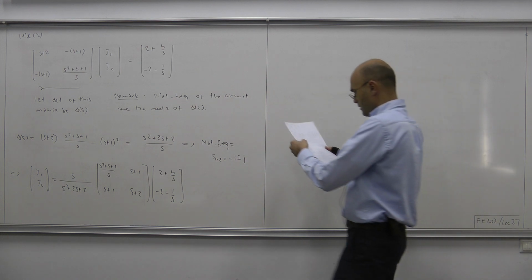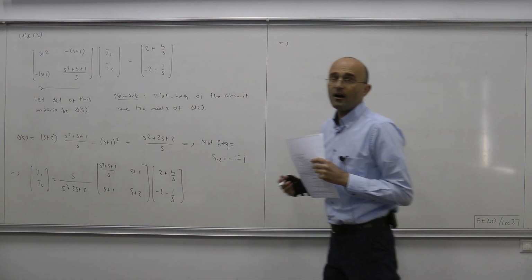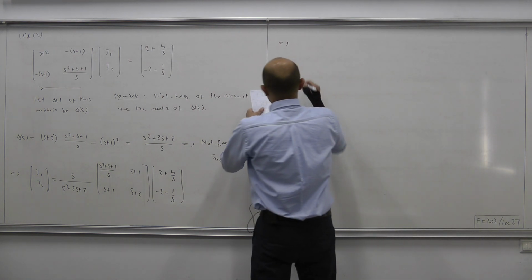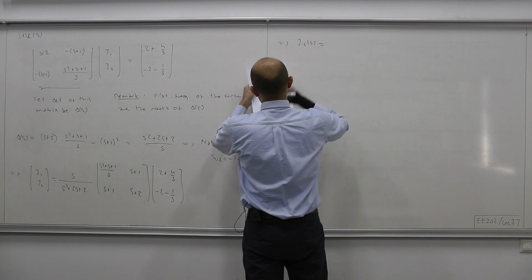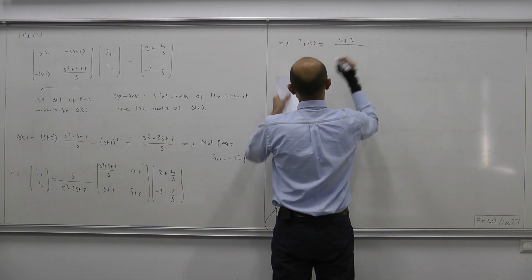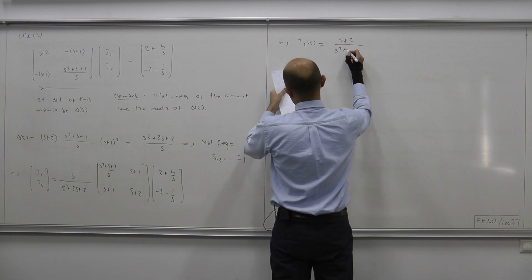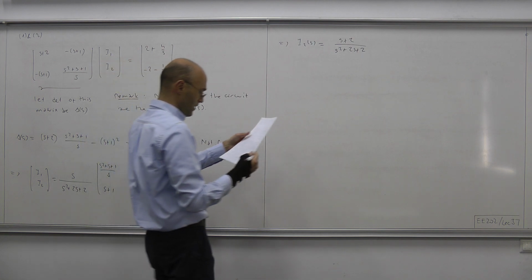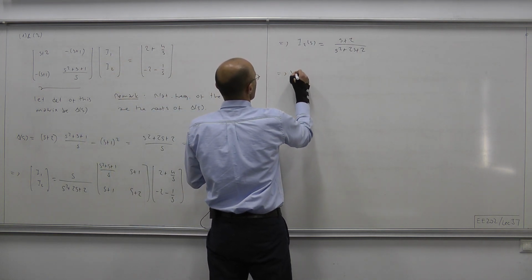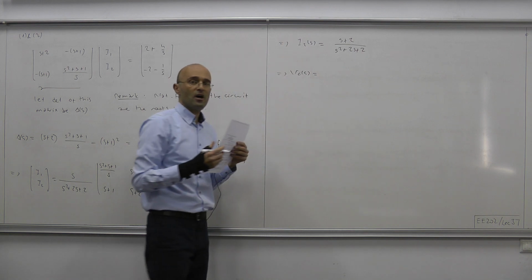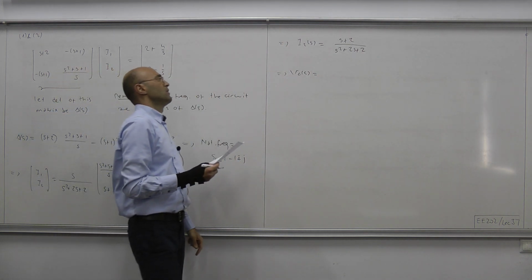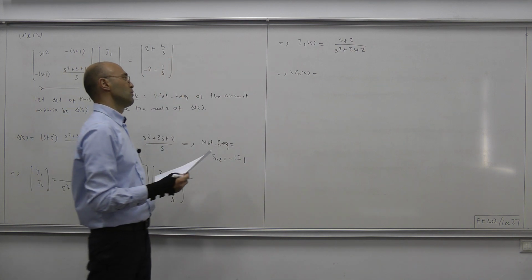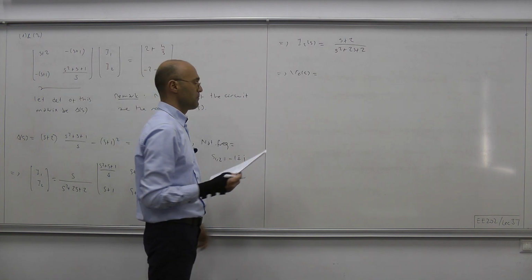So computing I2 and simplifying the expression, we obtain I2 of S as S plus 2 over S squared plus 2S plus 2. And then that produces Vc of S equals I2 times the impedance of the capacitor, plus the voltage of the voltage source that represents the initial condition of the capacitor.